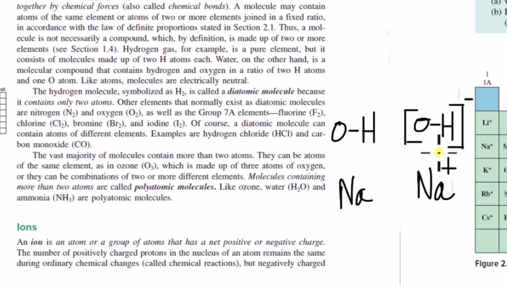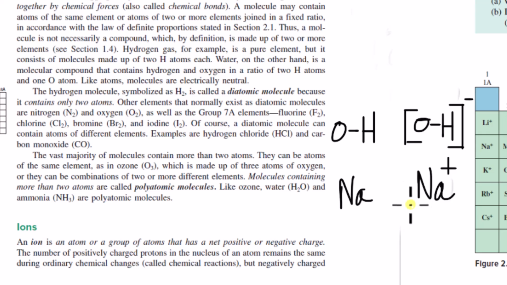The main characteristic of the ion is that you don't have the same number of total protons and total electrons in either the atom or the group of atoms bonded together. If you added up all of the protons in oxygen and hydrogen, and then add up all the electrons in the electron cloud, here you're going to have 1 more electron. That's why it's -1 charge and not neutral.